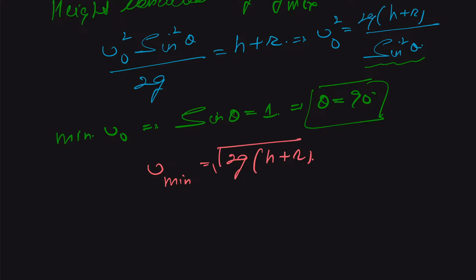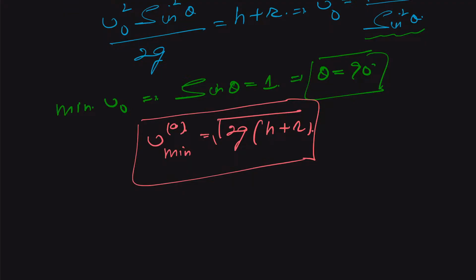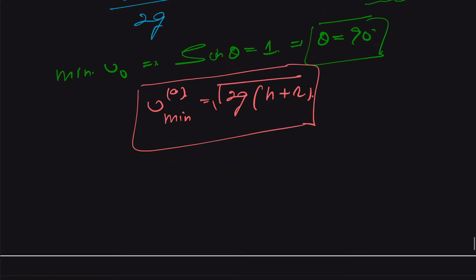This is our minimum velocity for part A. Let us write this for part A, because part B is also going to give us almost the same equation, but in a little different way, because there also we require a minimum velocity.